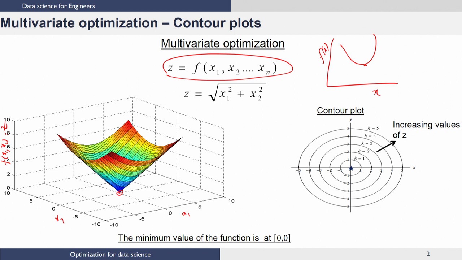Nonetheless, if you start moving in the x1 x2 plane, then when you compute the objective function at different points, let us say I compute the objective function at this point, then this is going to be outside the plane and this is the value of the objective function at this point. And if I compute the objective function at this point, it is going to be outside the plane, this is going to be the value of the objective function at this point and so on. And if I go this direction, I might come here and so on.